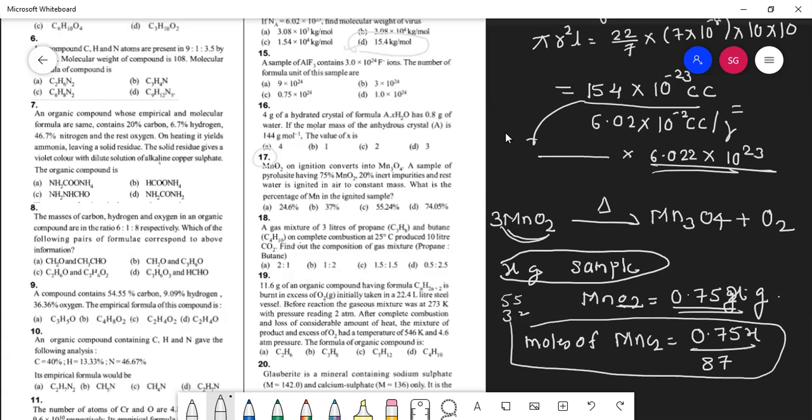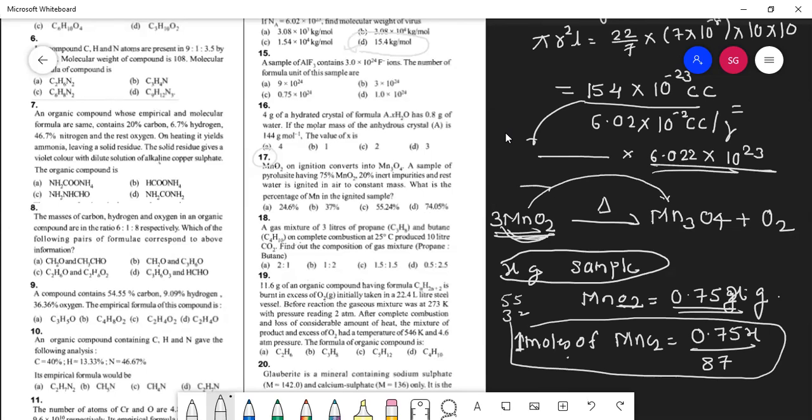Now read the question again. What is asked? What is the percentage of manganese in the ignited sample? After igniting, we have converted it into Mn3O4. The moles you got, students, 0.75X upon 87, is of 1 mole.